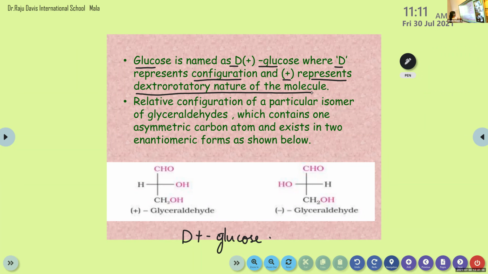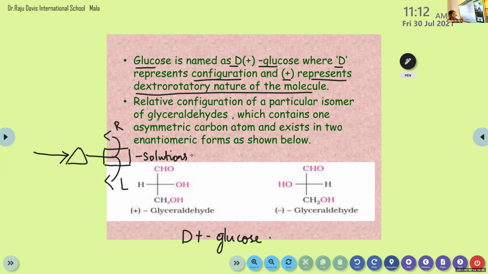The plane of this polarized light, when passing through certain solutions, will be rotated either to left or to right. This property is known as optical activity.